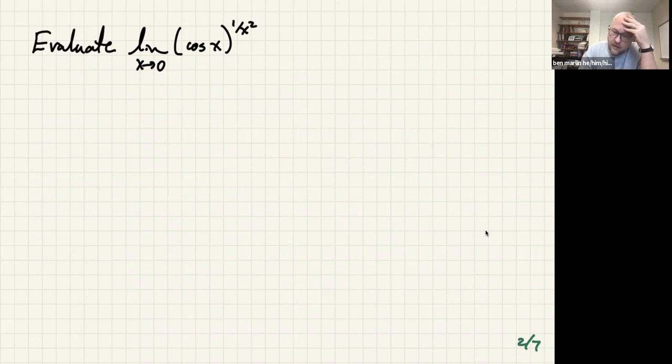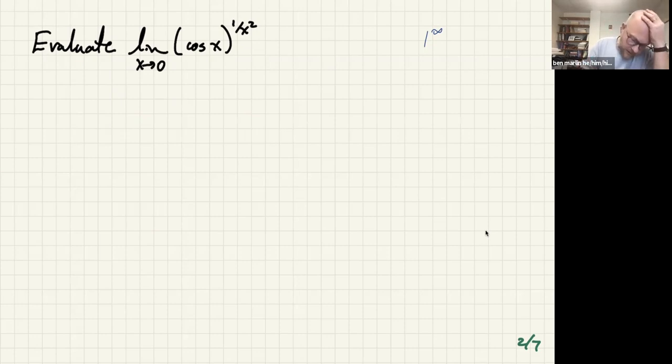And then the 1 over x squared, that would be going to infinity. So I have a 1 to the infinity indeterminate form. So don't write L'Hopital's rule yet, because remember L'Hopital's rule means we're doing that derivatives thing with the top and the bottom. We don't have that yet.